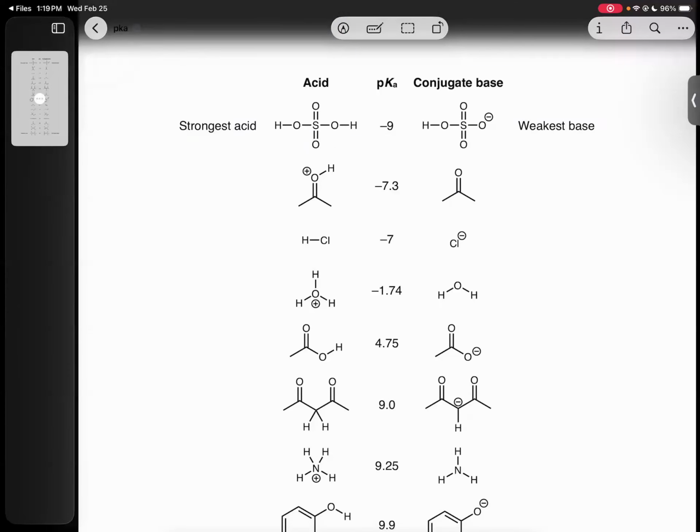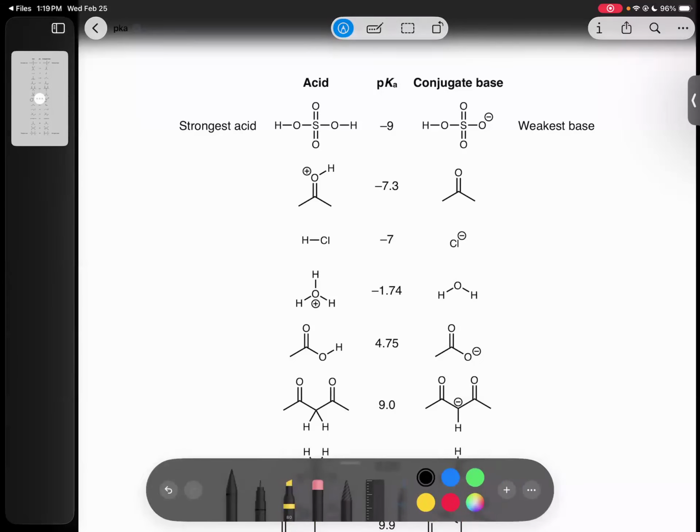So, shocker, sulfuric acid, H2SO4, is a very strong acid. And the reason that I've listed the conjugate base here is because some of these molecules have multiple different kinds of protons. So this protonated acetone here, it's got other protons. It's got hydrogens here and there.